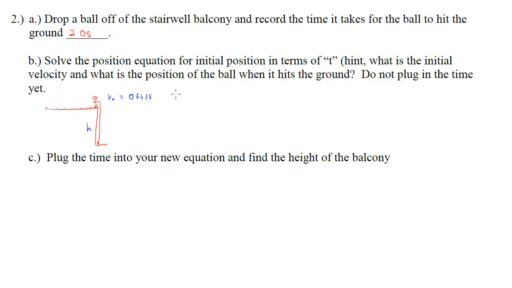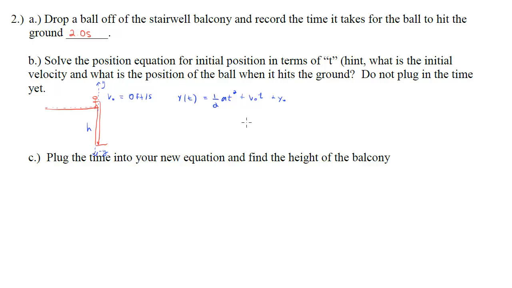So then, the position equation is y of t. I'm calling this the y axis here. That's a negative y. Equals 1/2 a t squared plus v naught t plus y initial.